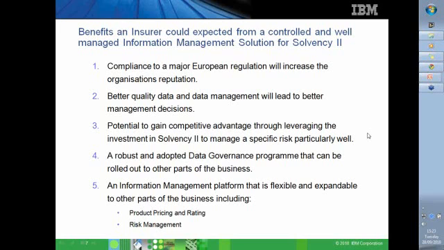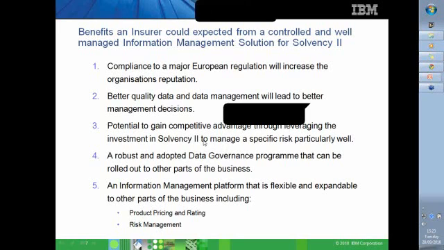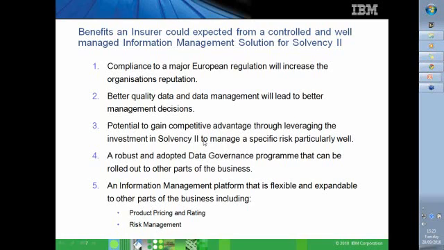In terms of the key priority being the internal model, that's probably the first milestone that's coming across. Organizations who are choosing to go down the internal model route need to provide evidence of the use test. What we have seen is 2 types of architecture.